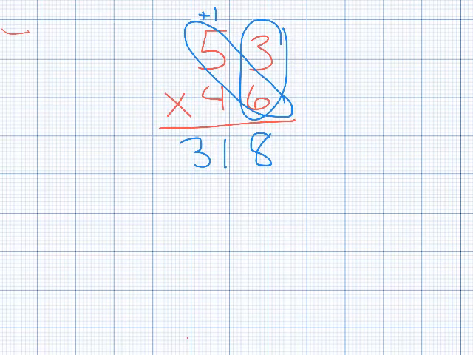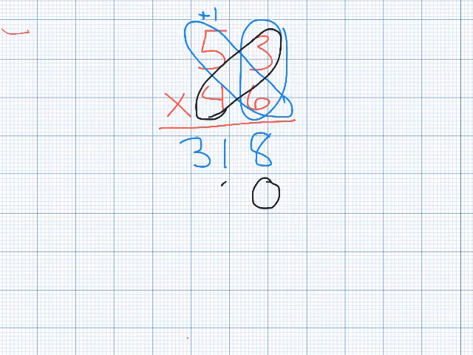Now the difference with the 2 by 2s is when we move to the tens place, we have to fill in the ones place right here. So our 0 becomes a placeholder. And then we're able to move over to the tens place. So we start with the 4, and we'll go 4 times 3 is 12.